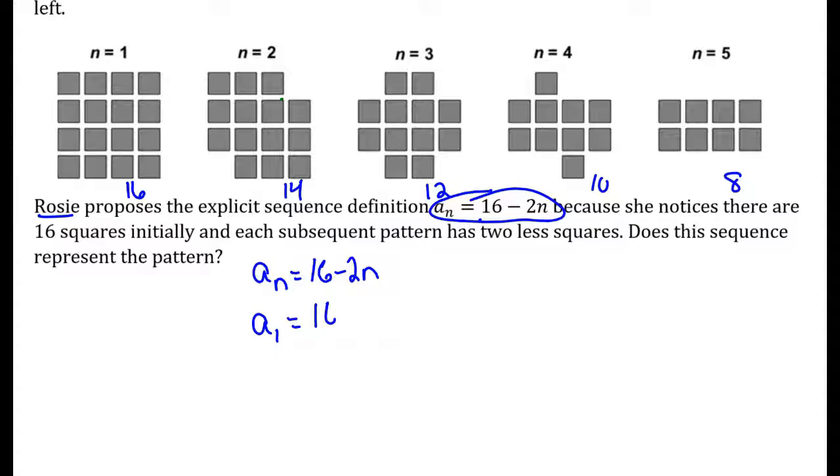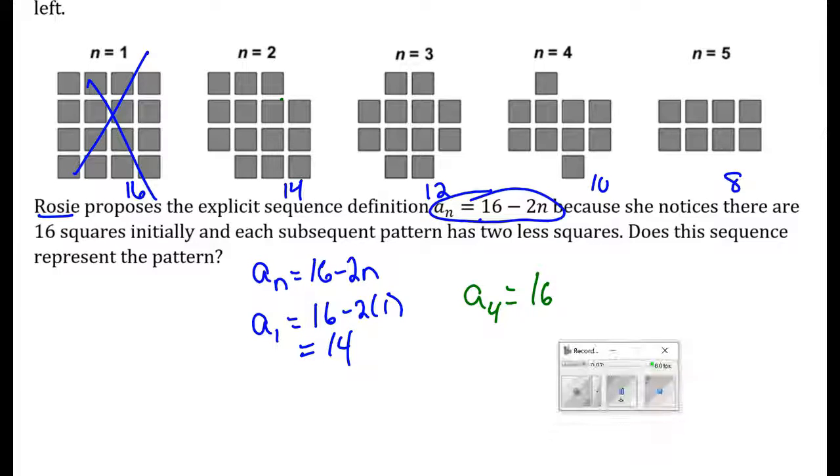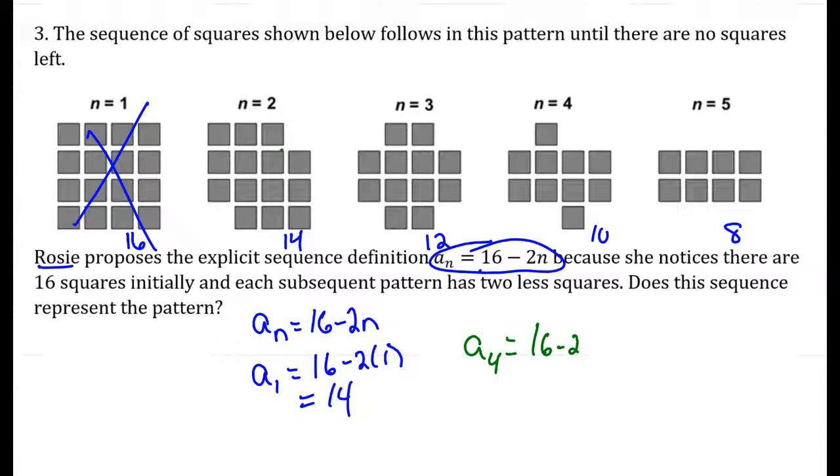What's a sub 1? 16 minus 2 is 14. Is the first term 14? No. So we can stop there, but let's see how wrong a sub 4 is. 16 minus 2 times 4 gives us 16 minus 8, which is 8. Does the fourth term have 8? No. That formula is not a correct representation for this sequence.